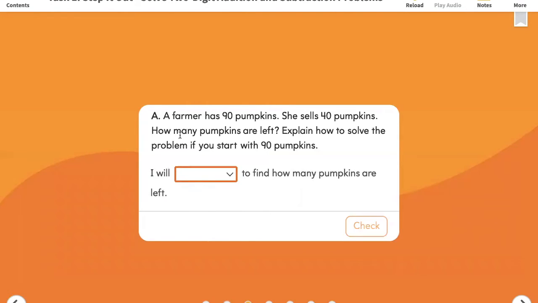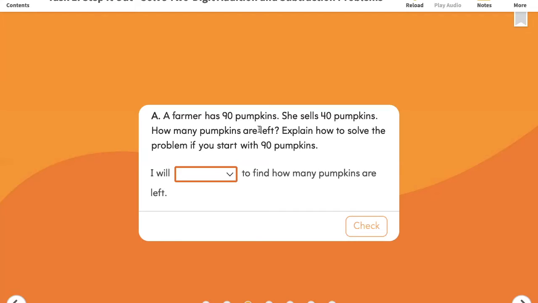We have a couple words in our equation here that can help us figure out whether we will add or subtract. First, it says a farmer has 90 pumpkins. So we know that she is starting with 90. Then it says she sells 40 pumpkins. This word sells tells us that she gets rid of them. Then it says how many pumpkins are left.